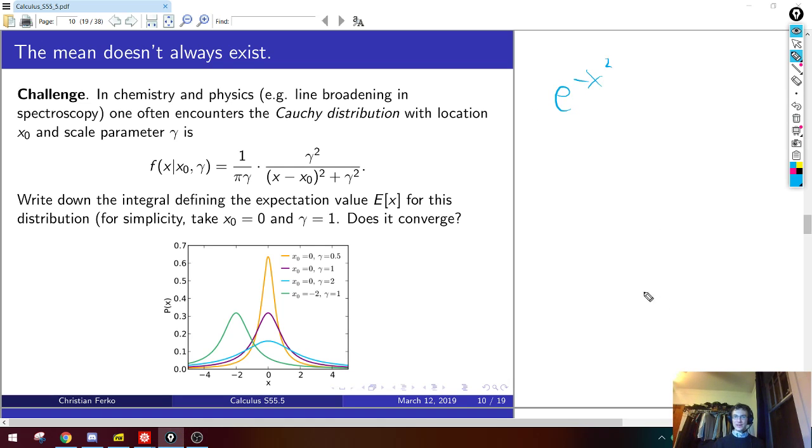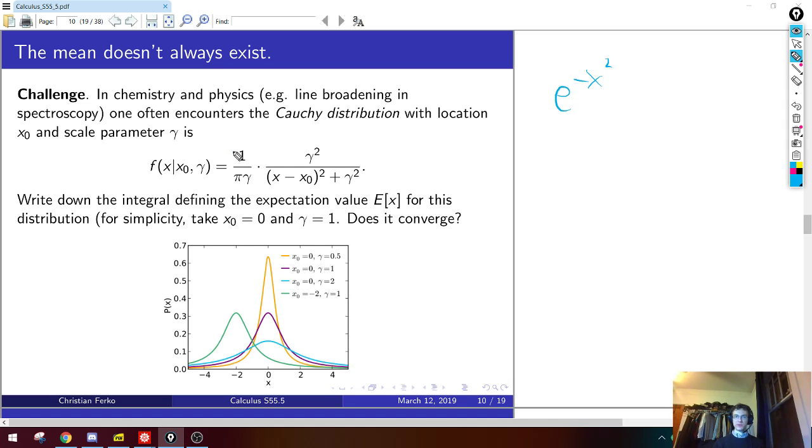So let's do a simple case. The point is that e to the minus x squared, as you know, dies really fast at infinity, right? Exponentials die much, much faster than polynomials. That's what we mean by saying this thing dominates any polynomial. So what the Cauchy distribution does is that it roughly looks like a bell curve, but it dies off much more slowly at infinity for the following reason.